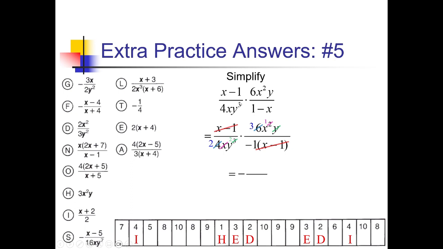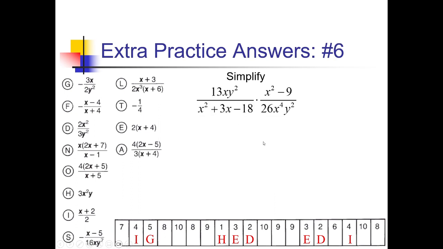Then we have a 3 in the numerator, and we also have this x to the first, so 3x. Denominator, we have a 2, and it looks like we still have a y to the second power, so 2y squared. And that's all going to be this first one, option G. So let me put that in spot number 5, and there's no other spot 5s, so we move on.